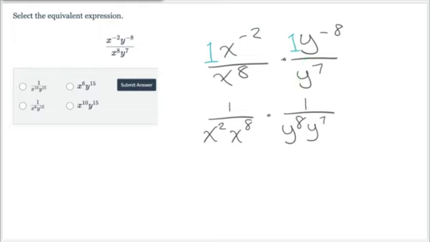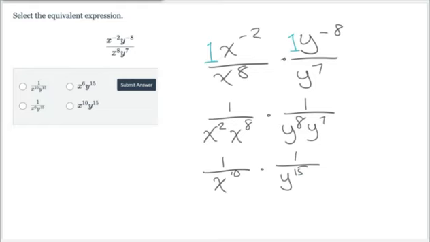So now I know that whenever I'm multiplying terms with exponents that have the same base, I add the exponents. So this will become 1 over 2 plus 8 is 10, so x to the 10th power, times 1 over 8 plus 7 is 15, y to the 15th power.